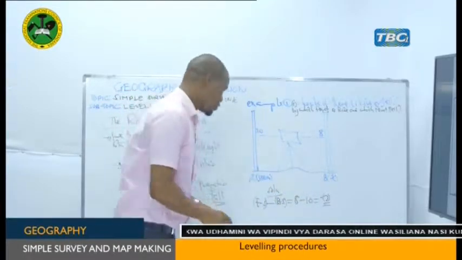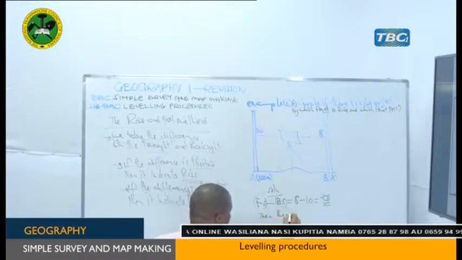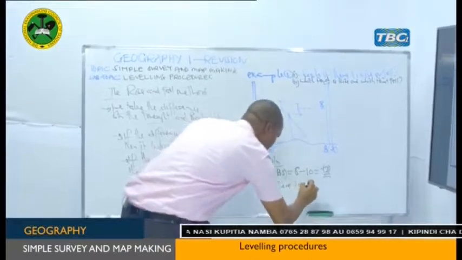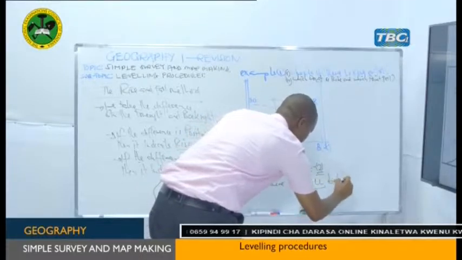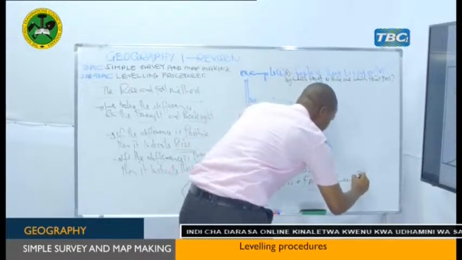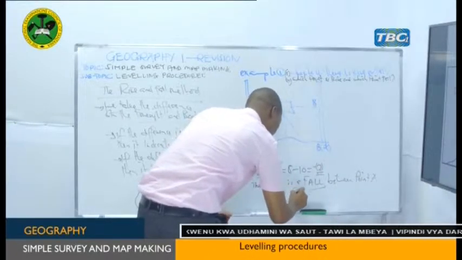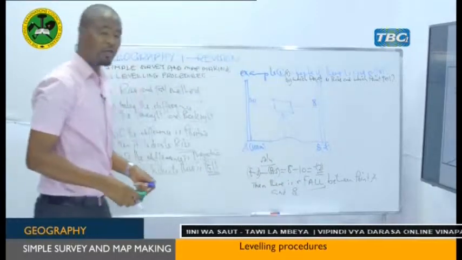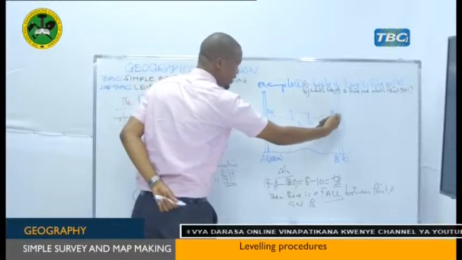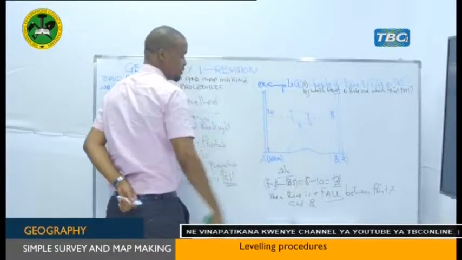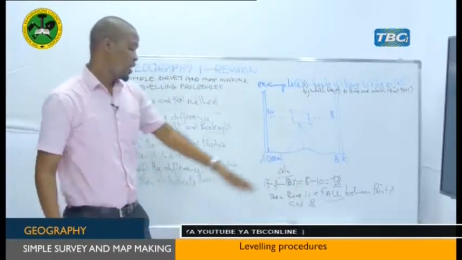The sign is negative, then we say there is a fall between point A and point B. If we take 8 minus 10, we get -2.